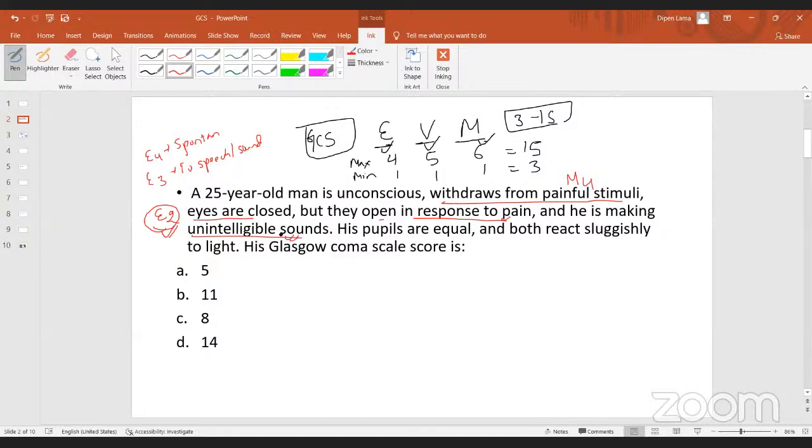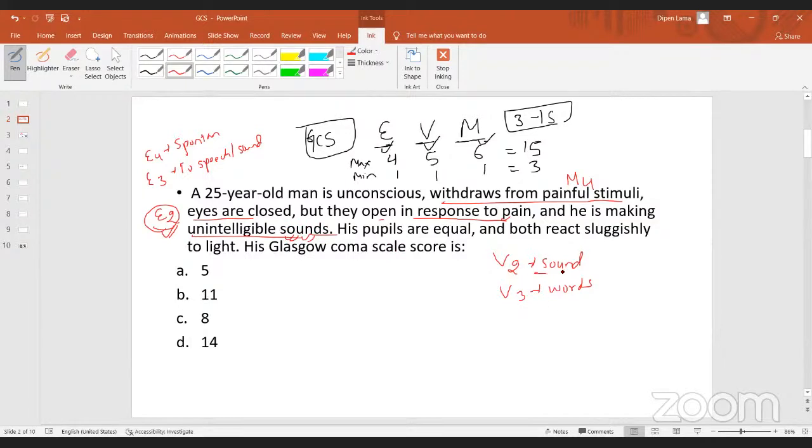And sounds, where we have read verbal, it is V2. V2 is sound. Don't be confused. V3 is words. If the question was words, like inappropriate words, then it should be V3. But here the question is asking sounds.